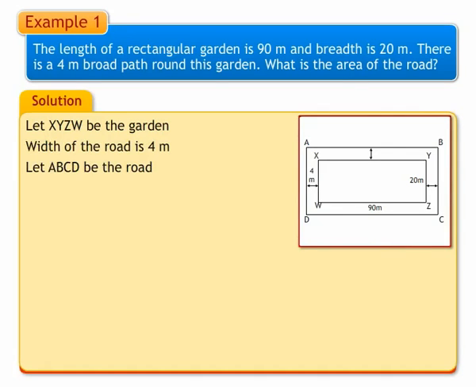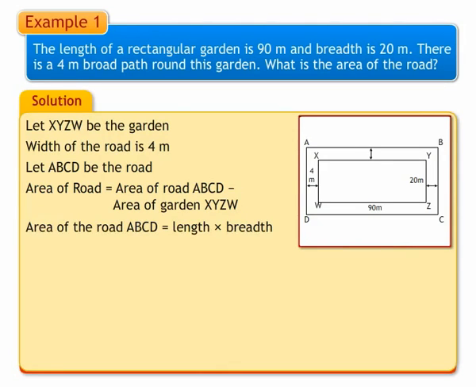Area of a road is equal to area of the road A, B, C, D minus area of the garden X, Y, Z, W. Area of the road A, B, C, D is length into breadth. Length is 90 meters plus 4 meters plus 4 meters, which is 98 meters. Breadth is 20 plus 4 meters plus 4 meters, which is 28 meters.